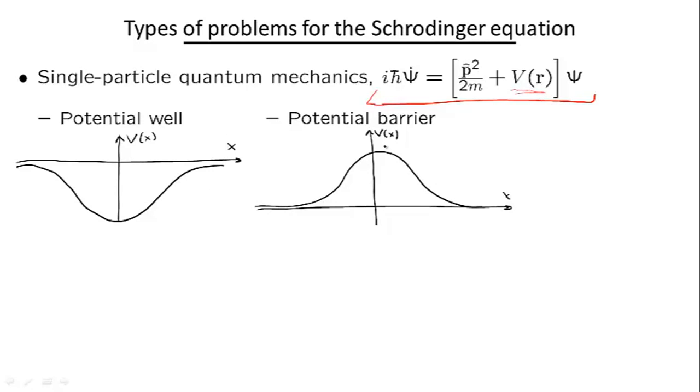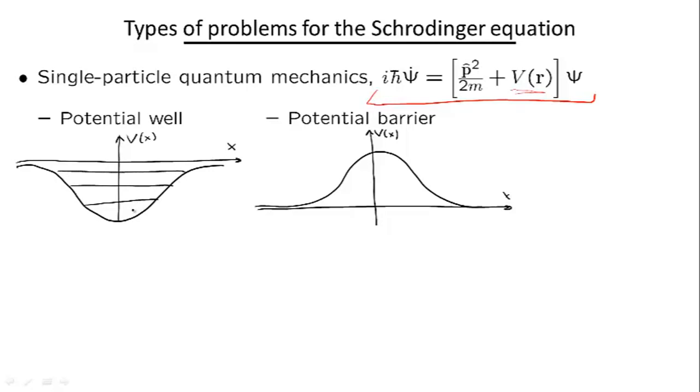To give you the result right from the outset, and most of you probably already know this, in potential wells the available energy levels for the particle to occupy with negative energy are going to be quantized.